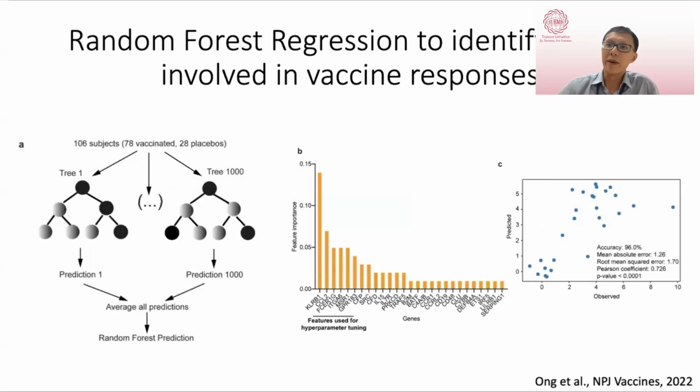We recruited about 106 subjects for our clinical trial, of which 78 were vaccinated and 28 were placebos. The idea here is to understand what host response is associated with the antibody response that we know is important for vaccine-mediated protection against the virus.